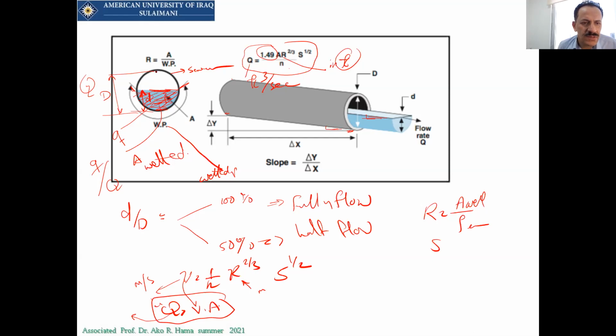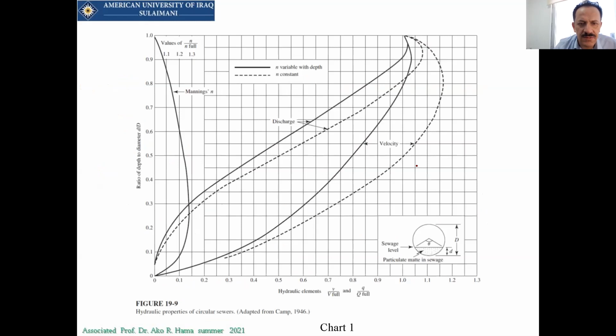When we have full flow, there will be a velocity, and when we have half a flow, there will be another velocity. So we have a curve here. It represents d over D. You can see if d over D is equal to 1, which is 100%, the q is the discharge that we have.